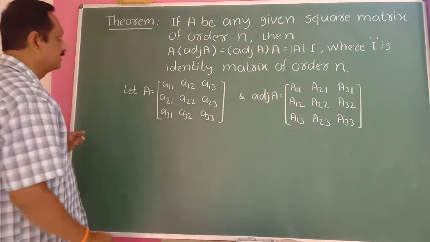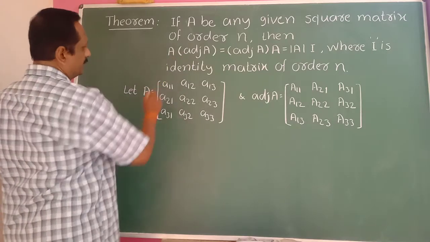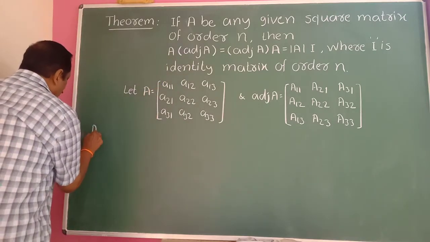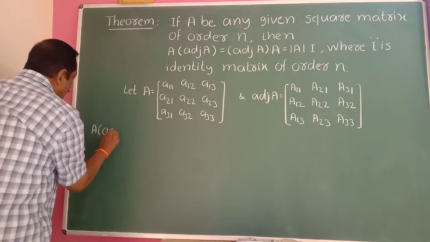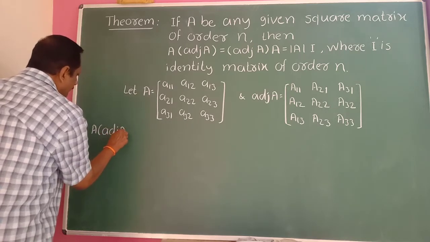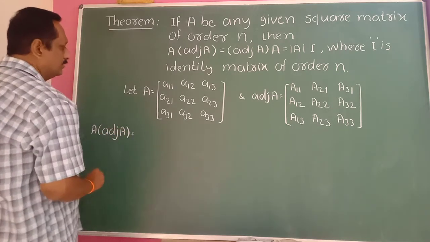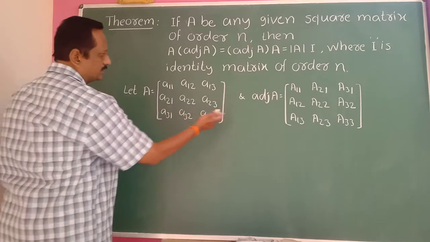Just multiply here, A into adjoint of A. A is this matrix, and we multiply it with the adjoint of this matrix.